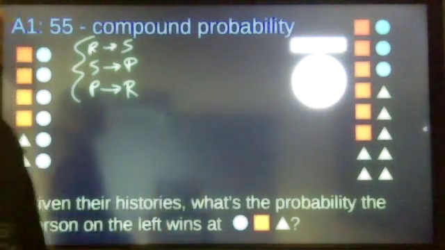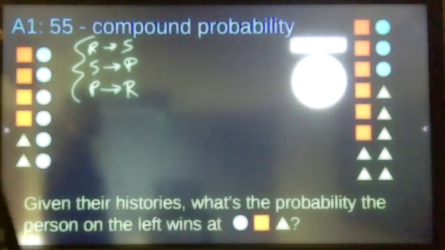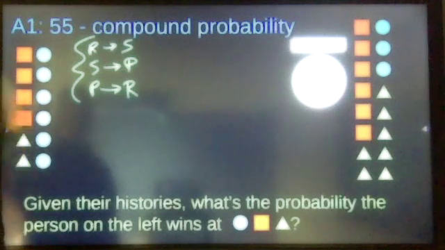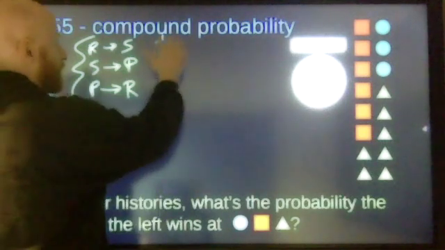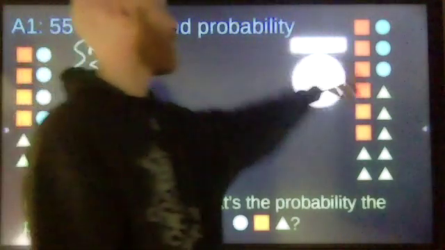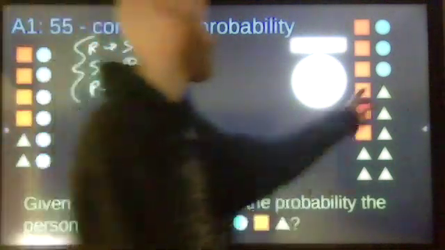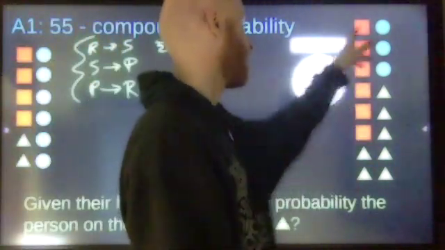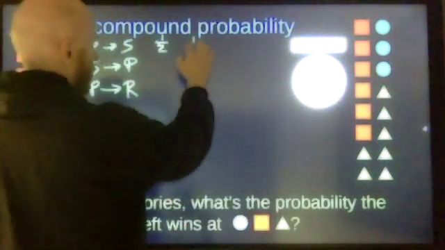Now let me calculate these probabilities. What is the probability that he chooses rock? Half. Half of the time he chooses rock. What is the probability that the other person chooses scissors? 2, 4, 6, 7 out of 14. Also, half of the time that person chooses scissors.